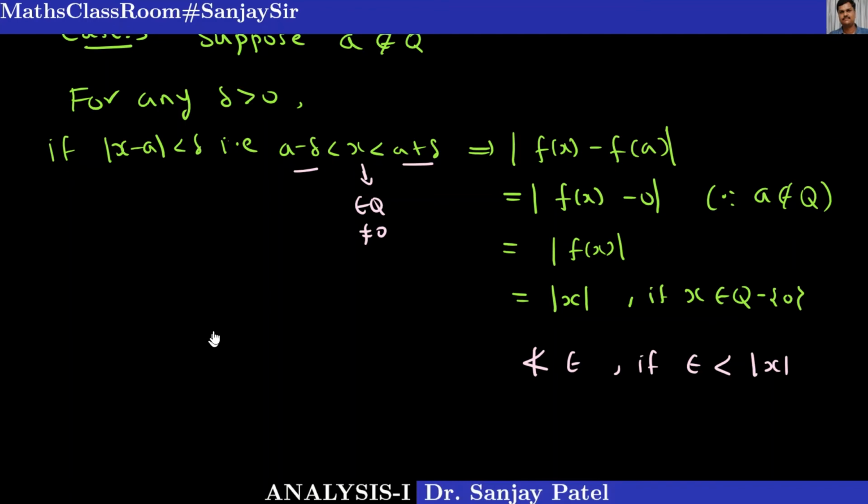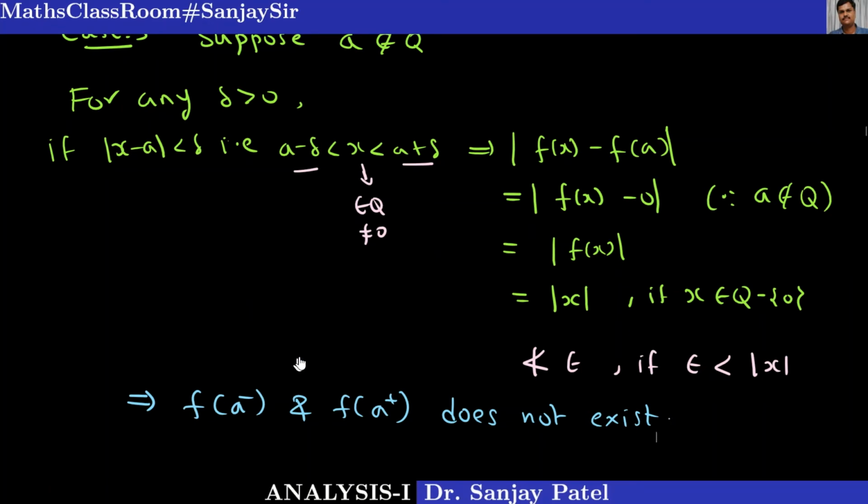So the same situation arises here, and we can have a similar conclusion that in this case also f of a minus and f of a plus do not exist.